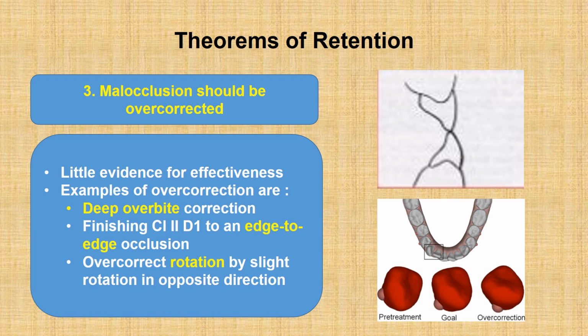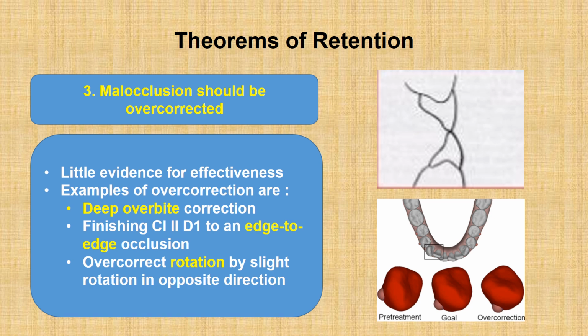Now, the third theorem of retention states that malocclusion should be overcorrected. Now, there is little evidence for the effectiveness of this approach. Okay, examples of overcorrection are for deep overbite correction, we can finish a class 2 division 1 to an edge-to-edge occlusion, and we can overcorrect rotation by slight rotation in the opposite direction as shown in this diagram.